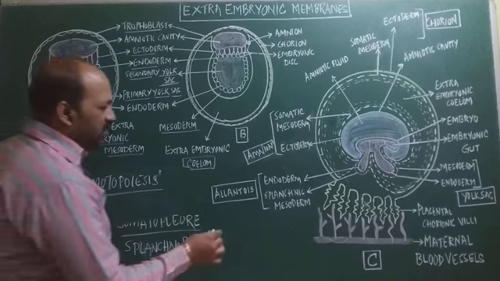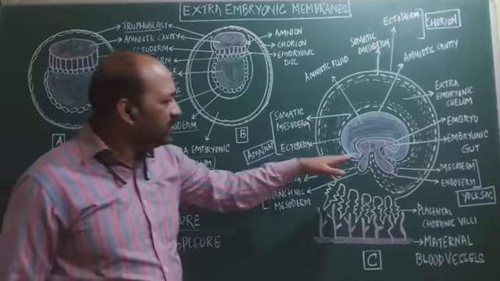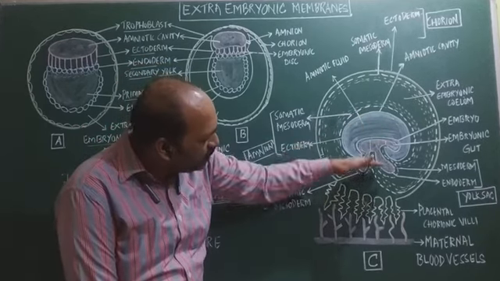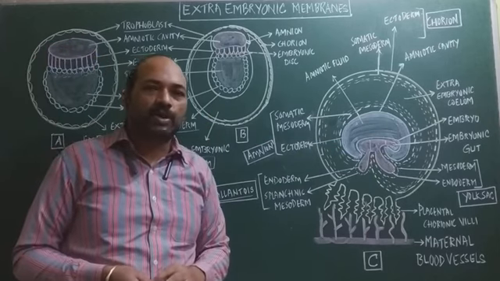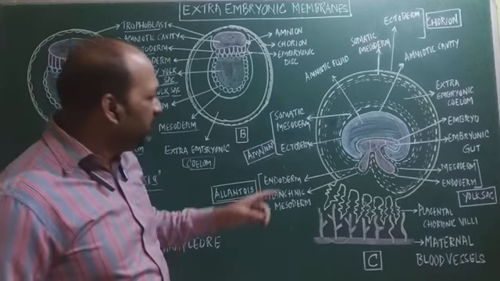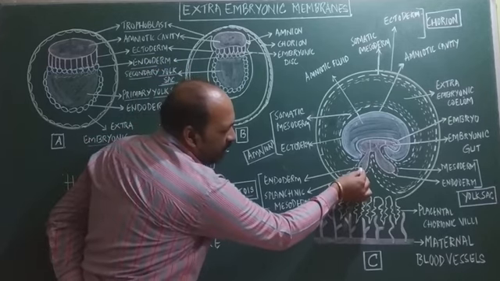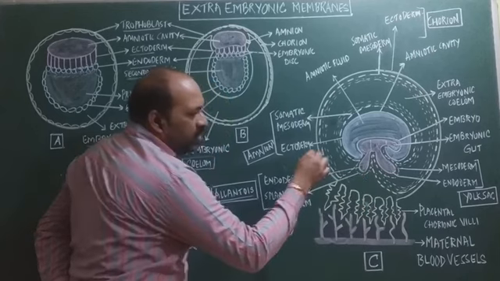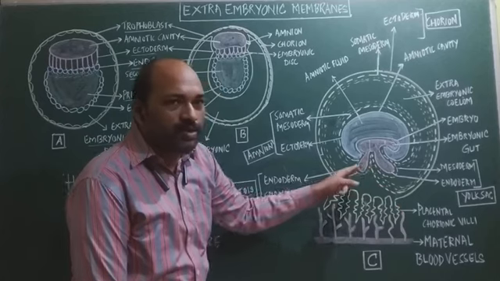Next is allantois. Allantois is another extra embryonic membrane which is also present below the embryo, and this allantois is a hollow sac-like structure which is again derived from endoderm inside and mesoderm outside, the same as the yolk sac.